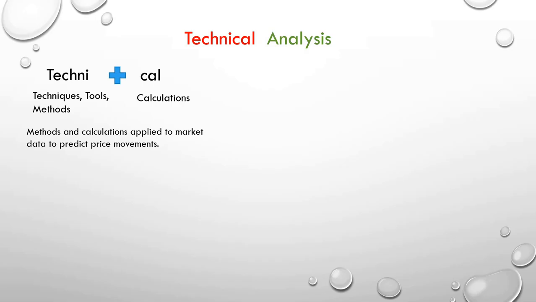Now whenever we talk about technical analysis, there are certain assumptions regarding your stock market. The first thing is that the stock market discounts everything. What do you mean by the word discounts everything? Let's understand with the help of an example. Let's say you are going to buy some vegetables. Let's take a common example of tomatoes and onions.